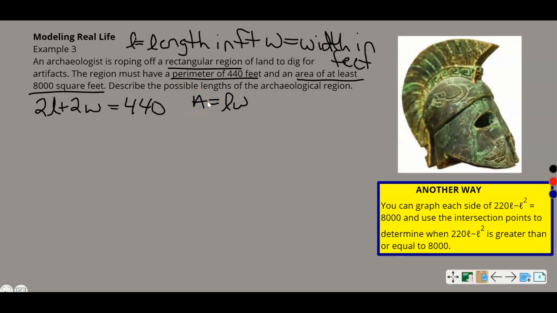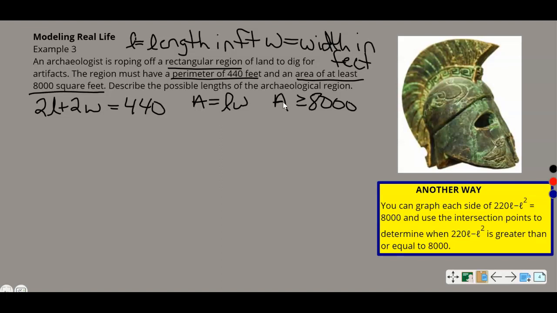At least means greater than or equal to, so the area is greater than or equal to 8,000 square feet. We're looking at the given information to see what we need to do to describe the lengths of this region.